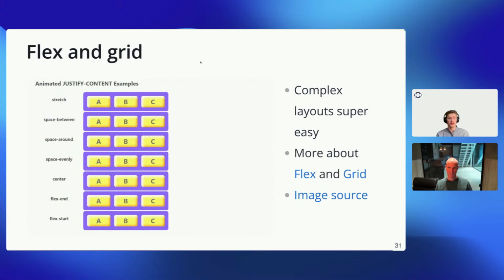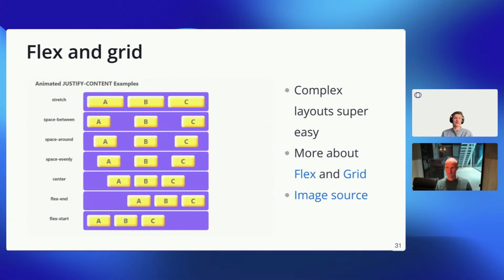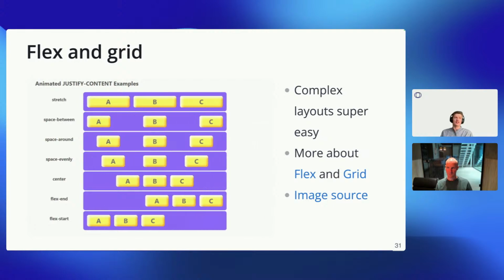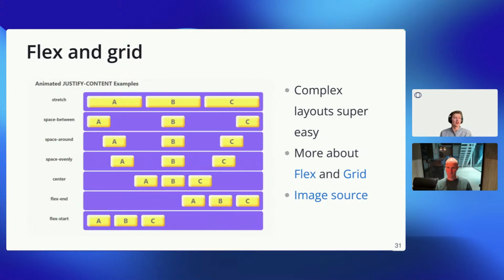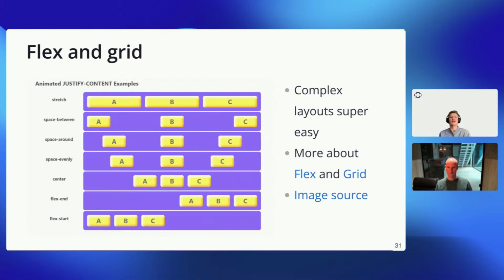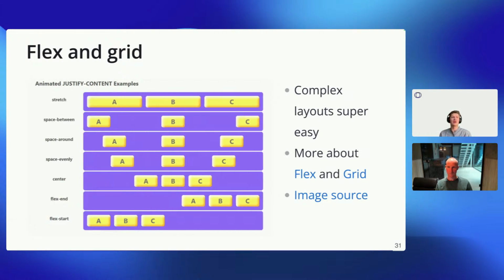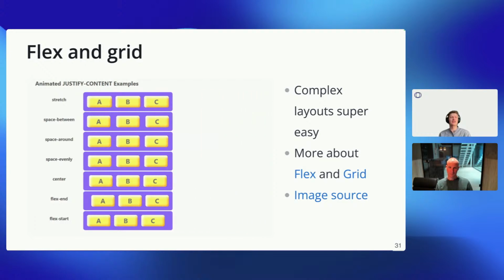Flex and grid, and these are CSS layout functionalities. So grid might ring a bell. Apex has already been using a grid system for years, but before that, it was more or less hacked into CSS, meaning that you would apply a width of this and that percentage. But nowadays, there's a native way to define a grid.